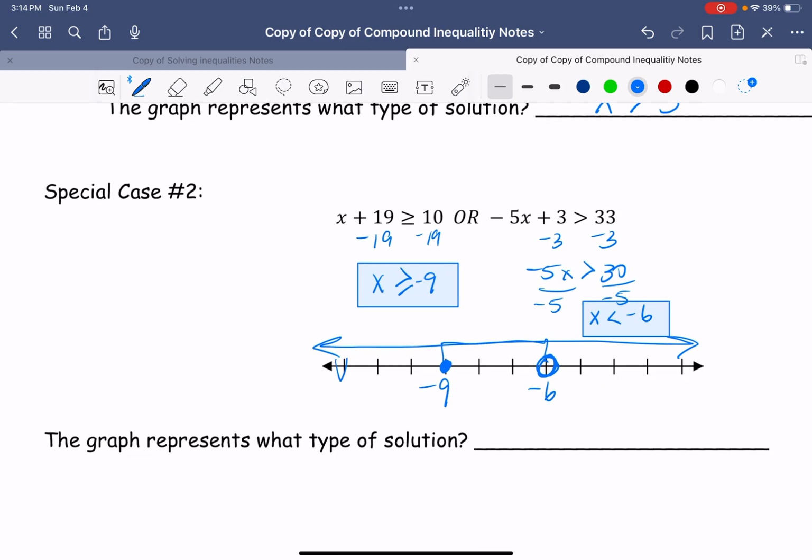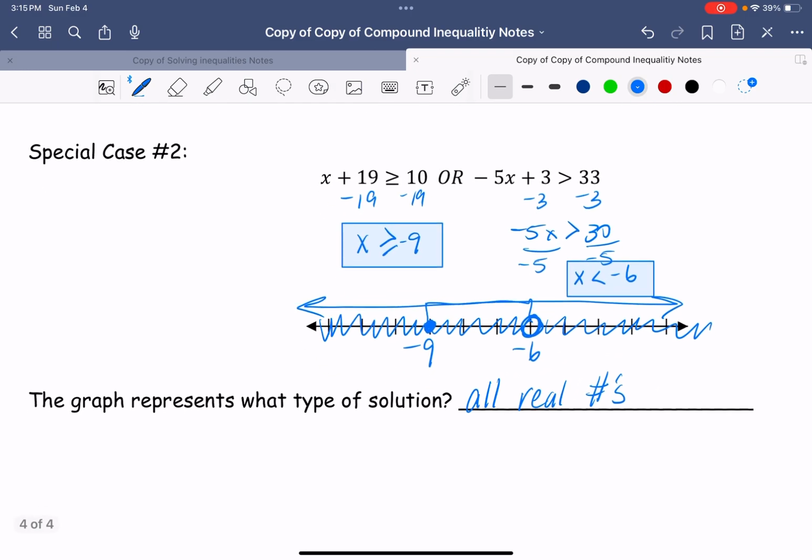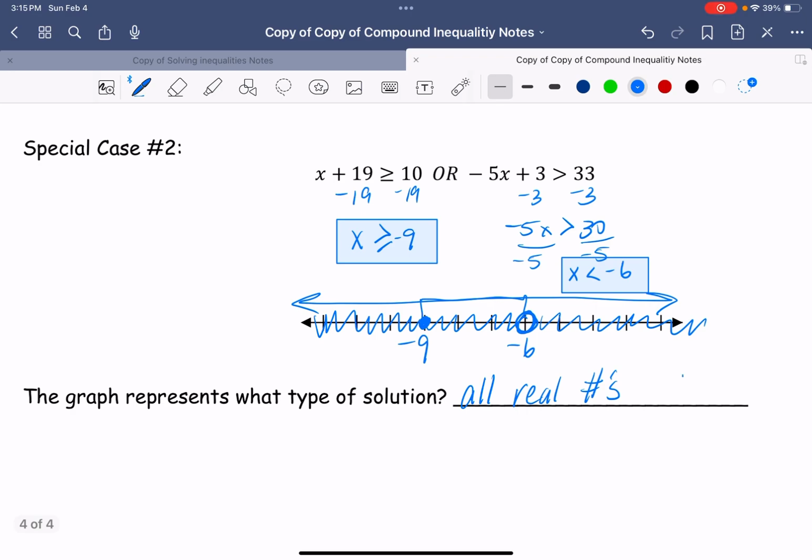Guess what? This whole thing, this graph says that all real numbers, the hashtag sign means numbers, people, are the solution, okay? The other symbol you could do is this, all real numbers, okay? They both are the same.